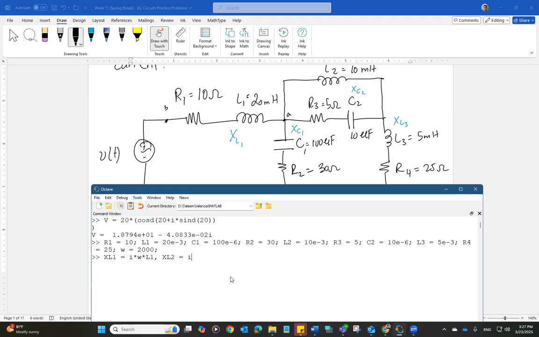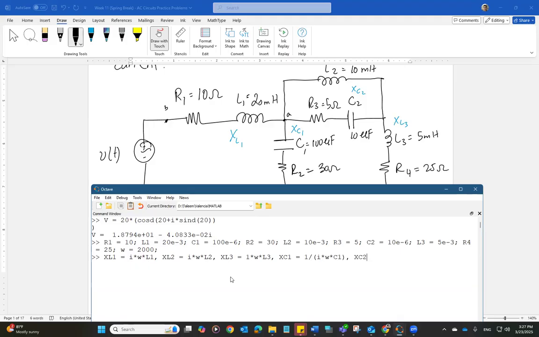XL2 is equal to j times omega times L2. And XL3 is equal to j times omega times L3. XC1 is 1 divided by j times omega times C1.